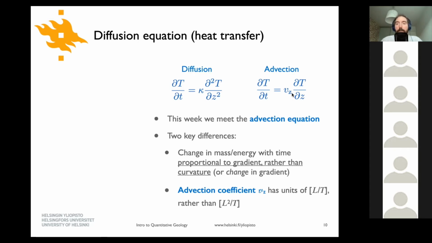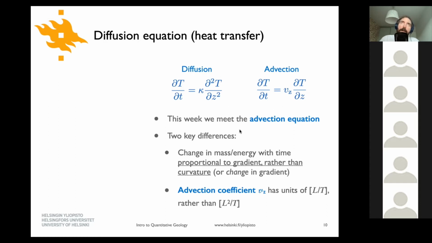Length per time would be something like meters per second, which, as you will immediately recognize, hopefully, would be a velocity. So that is why we have this V labeled here as the letter V, because that's short for the velocity in the Z direction. So Vz is our velocity term here.